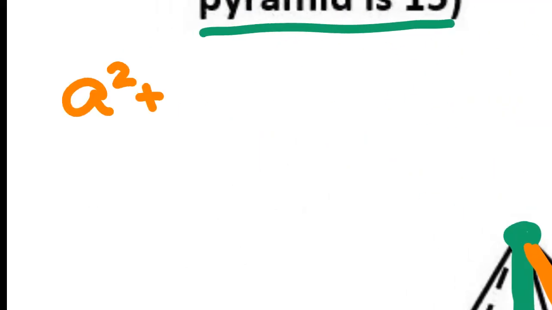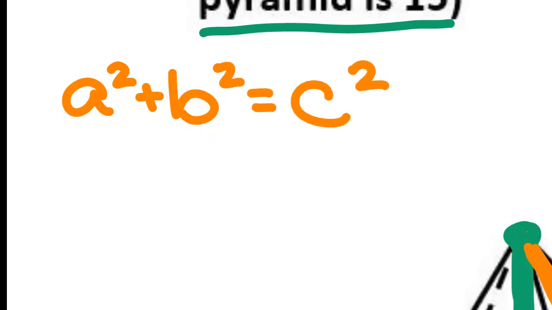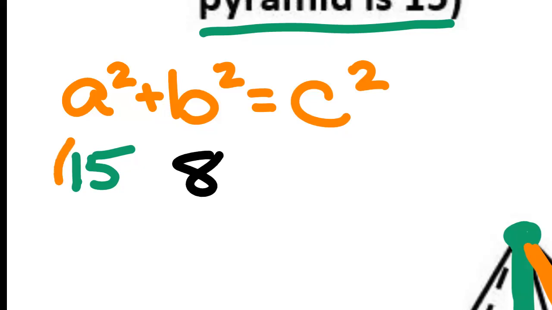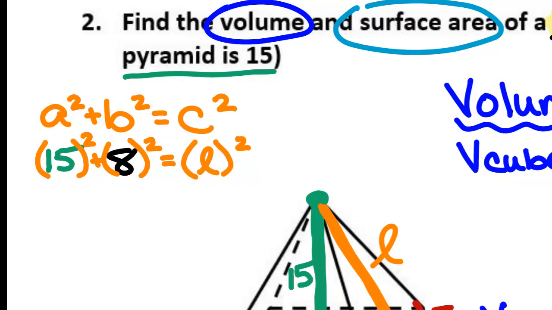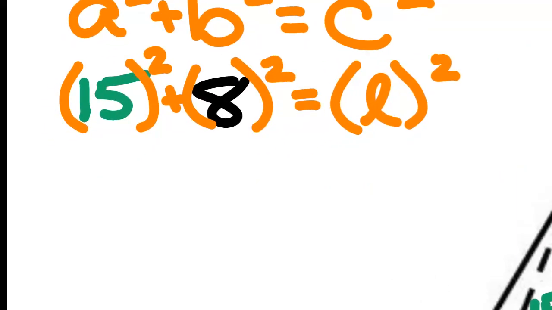A squared plus b squared equals c squared. What do I put in for a and for b? 15 and 8. Doesn't matter which one goes where. So 15 squared plus 8 squared equals my slant height squared. What is 15 squared? 225.